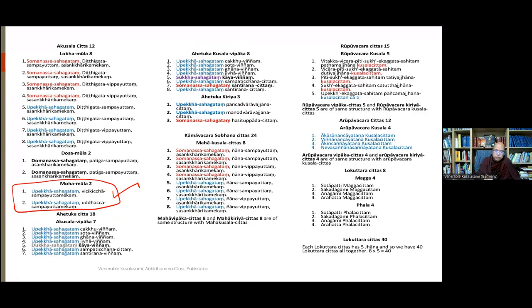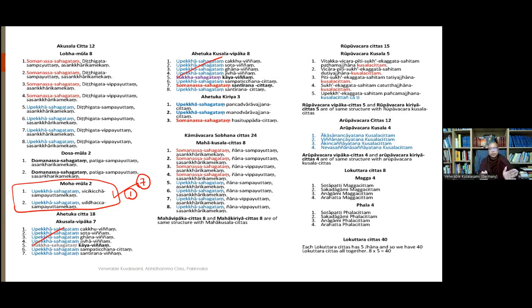Let me tell you first, the 7 universals need no explanation, because they are together with all consciousness. And can Vitakka be together with this? Yes, because if you find the consciousness together with the Vitakka, only the 2 sets of fivefold consciousness must be excluded.